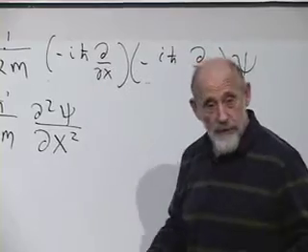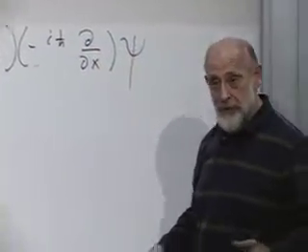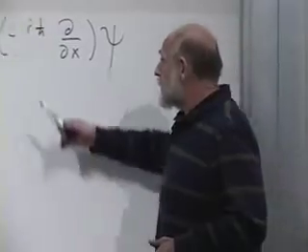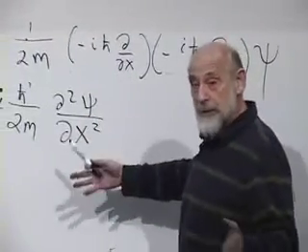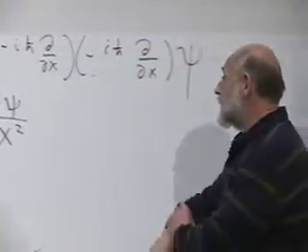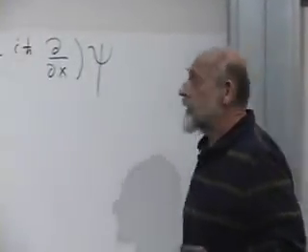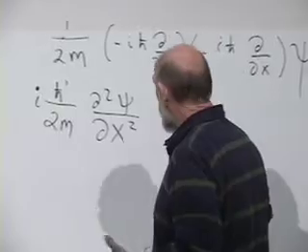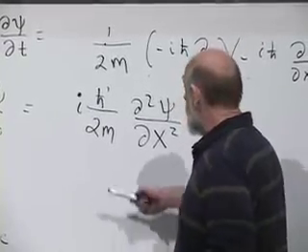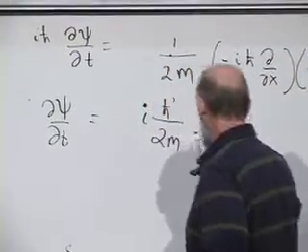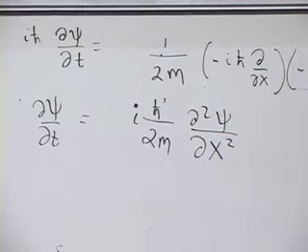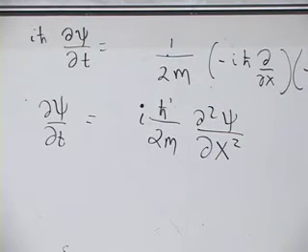Well, the square of any Hermitian operator is also Hermitian. That's easy to prove. So p squared is as Hermitian as p itself is, and we'd already proved that p was Hermitian. So p squared over 2m is a Hermitian Hamiltonian. Perfectly good. It does stand for the energy, and this is the Schrodinger equation with all of its h bars and i's in place.